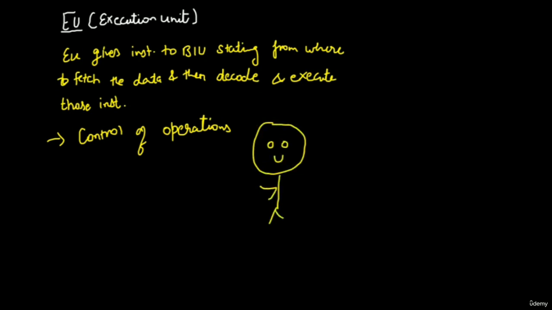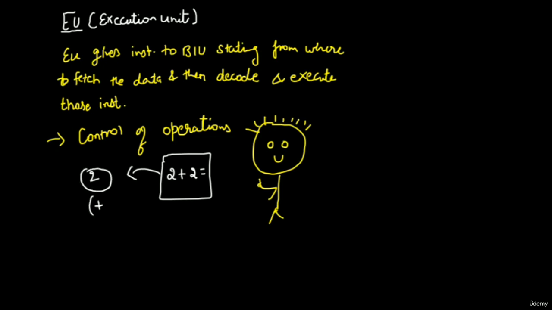How can we simply understand it? The clarity of the concept here is that execution is actually executing the things. Say there is a board and you are writing 2 plus 2 equals. To solve this, the 2 is stored in the memory, the addition is stored in the memory, the second 2 is stored again in the memory, this is the A, this is the B, and the equals is stored in the memory circuit.